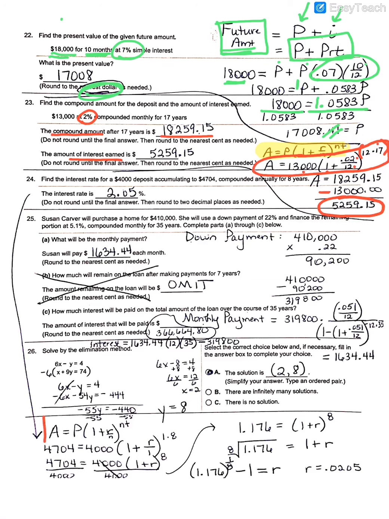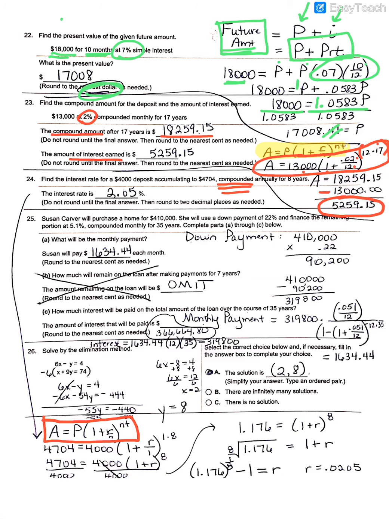Okay, so for number 24, I kind of ran out of room, so I came down here. We are going to use the same compound interest formula because they're asking me, in this case, to find the interest rate when I have a $4,000 deposit that accumulated to $4,704. Here's that keyword compounded. That's how I knew to use that instead of simple interest.